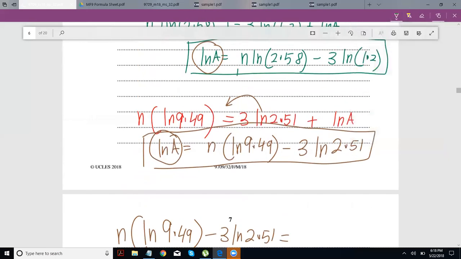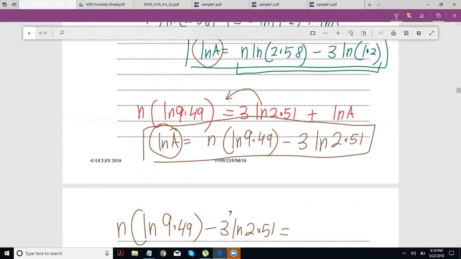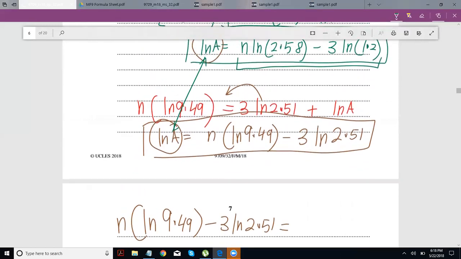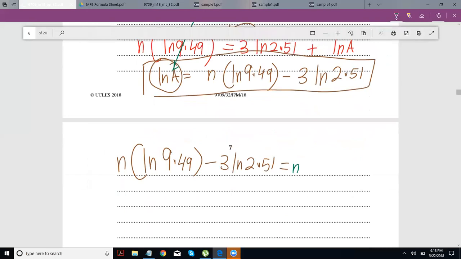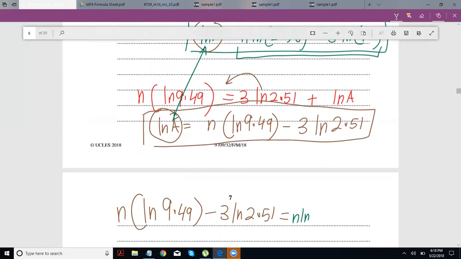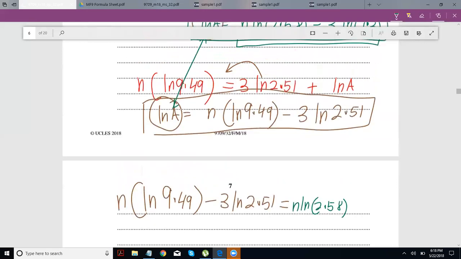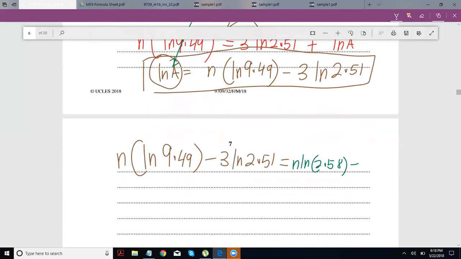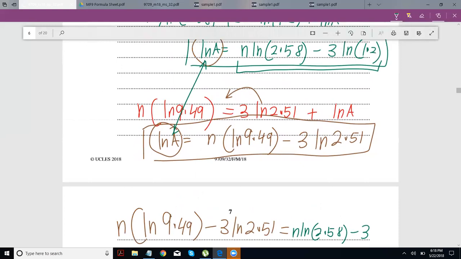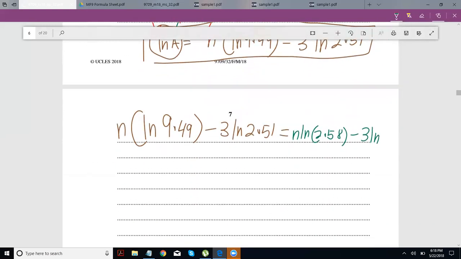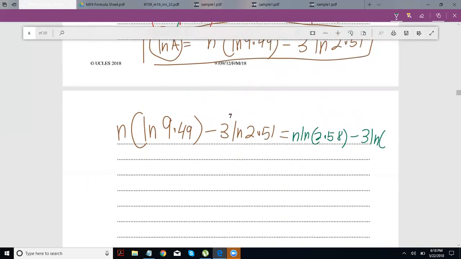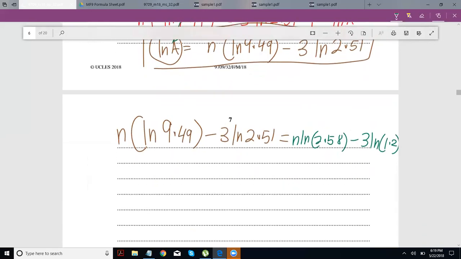It is equal to all of this, right? Because you're just equating ln a with ln a. So this would be n ln 2.58. Now at times I put the brackets somewhere, at times I put the brackets elsewhere. It's just me being sloppy. It doesn't really have any significance here. Just be careful when you enter them into your calculator, right?